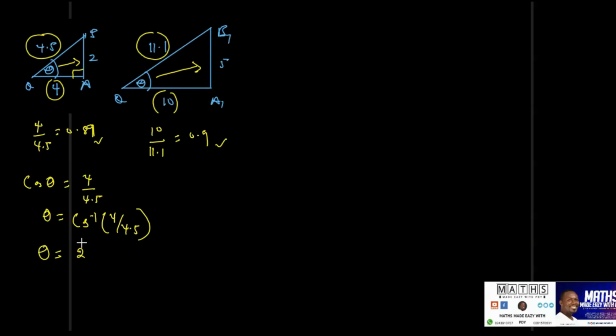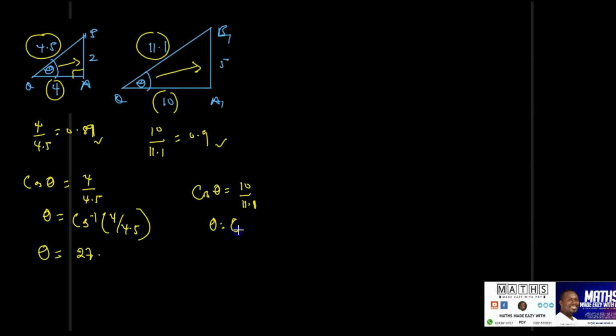Hold on, I'm coming. Okay, then do the other operation for me. Let's see the answer. So you had 27 point something. So cos theta is equal to 10 on 11.1.